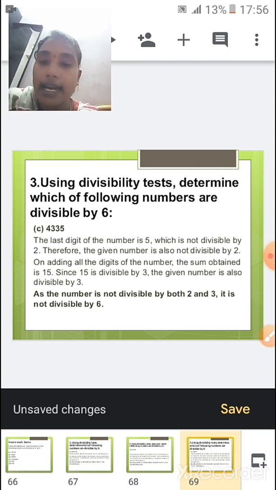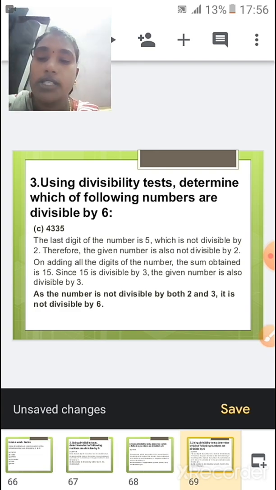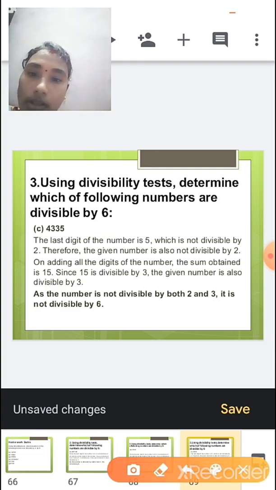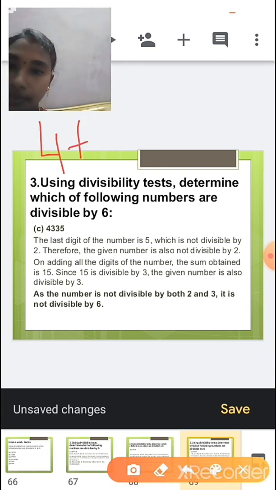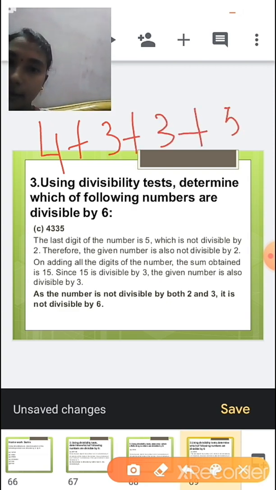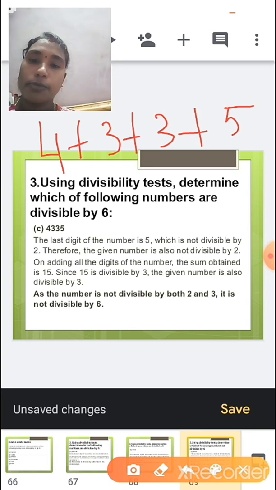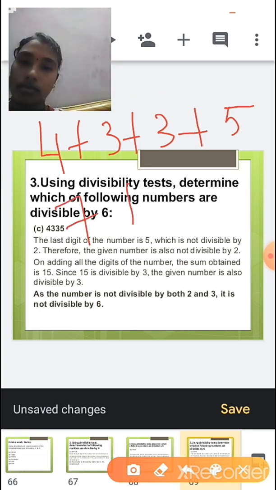And let us add the number to see whether it is divisible by 3. So 4 plus 3 plus 3 plus 5. When you add 4 plus 3, you get 7. 7 plus 3 is 10, and 10 plus 5 is 15.